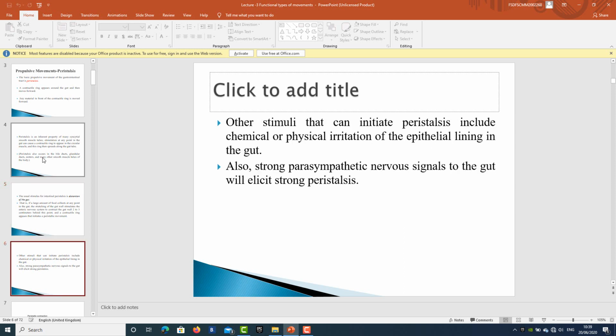Other stimuli that can initiate peristalsis include chemical or physical irritation of the epithelial lining in the gut. Also, strong parasympathetic nervous signals to the gut will elicit strong peristalsis.